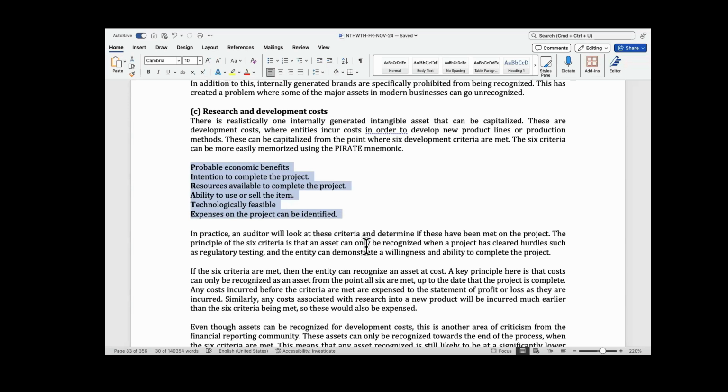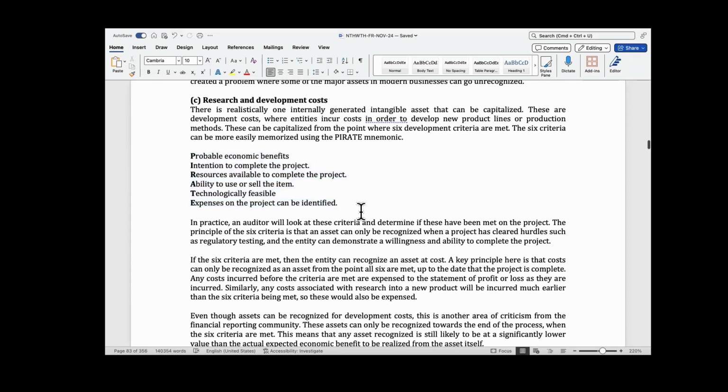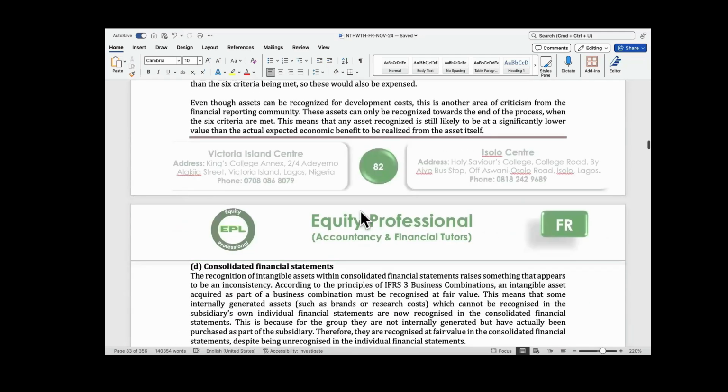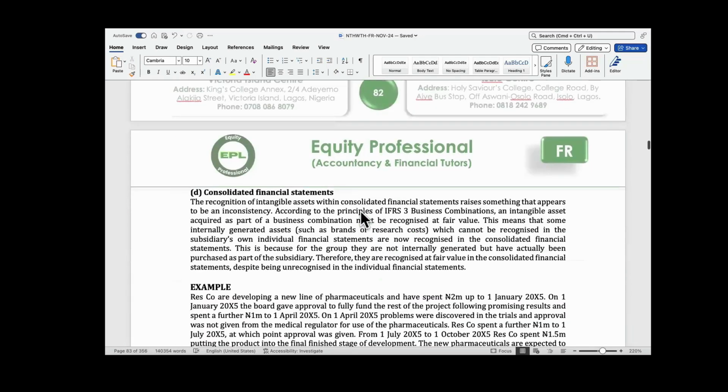By the time they mention that, you know that it will have met these criteria, because all of these criteria must be met. A question will not start giving you one by one. No, they will just give you a general scenario. We will look at a question to address that very soon.